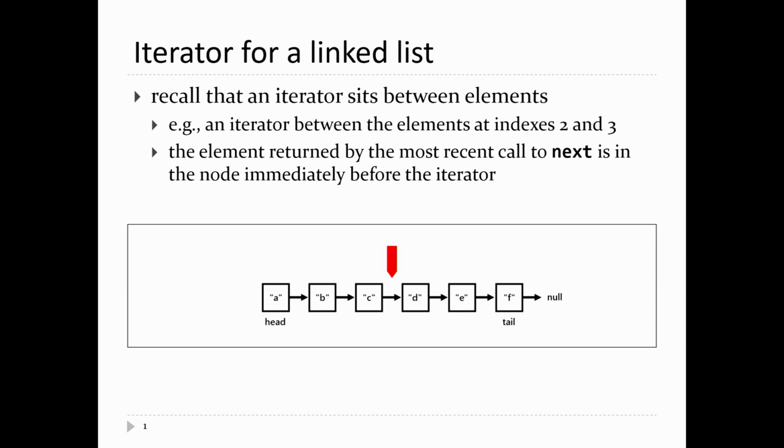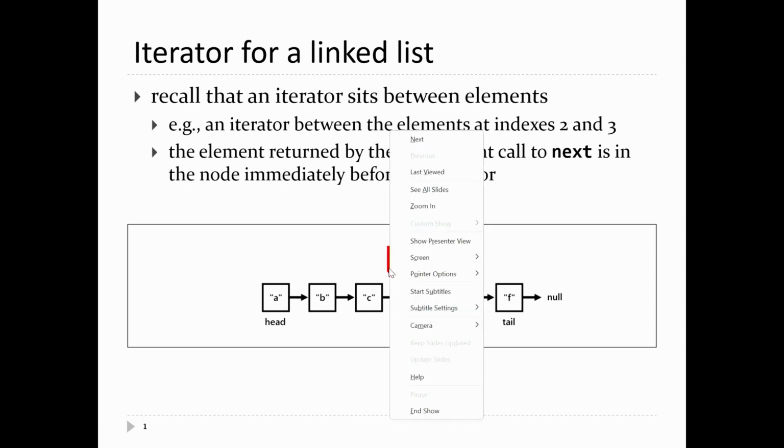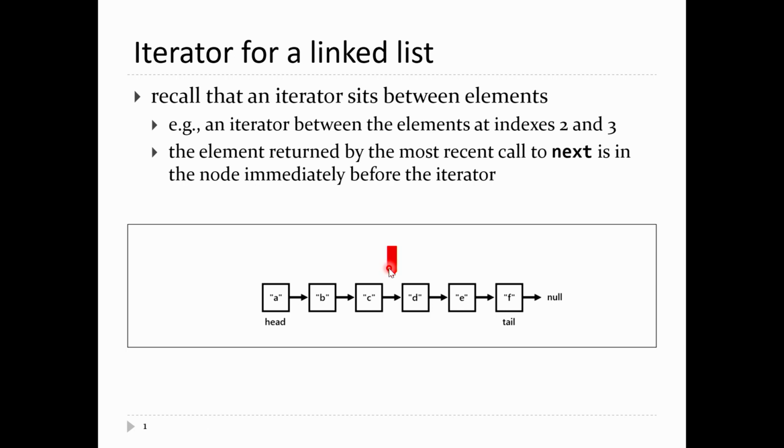Now remember what remove is supposed to do. If I call next on this iterator, it's going to return the C. If I call remove after calling next, it's supposed to remove the C. Now, what do I need to do in order to remove the C? Well, I need the node in front of it. And so this iterator is going to keep track of that node and the node in front of it. I want to keep track of this node here so that I can efficiently remove that node that was just returned by next.